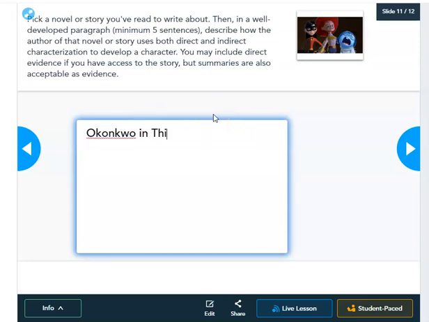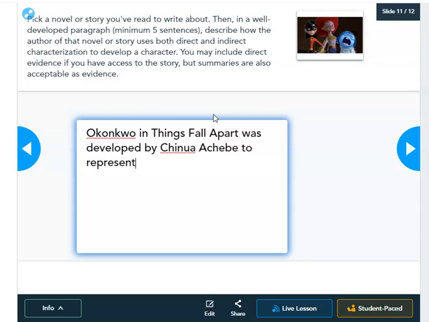Okonkwo in Things Fall Apart was developed by Chinua Achebe to represent blah blah blah.